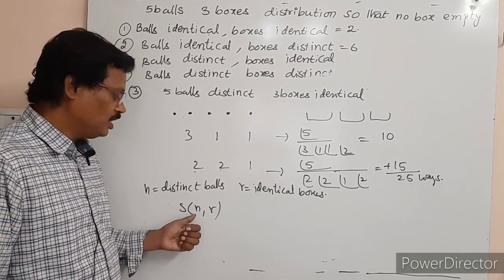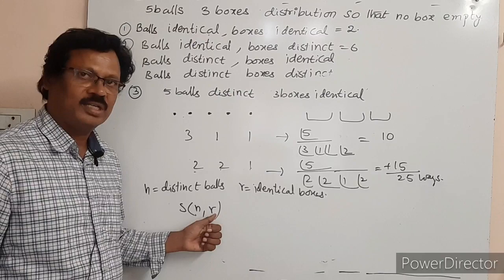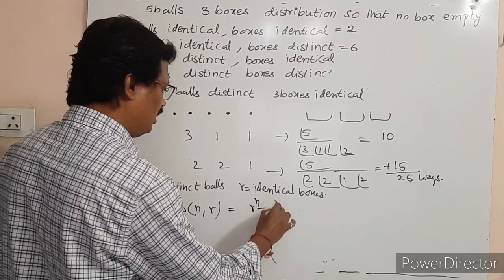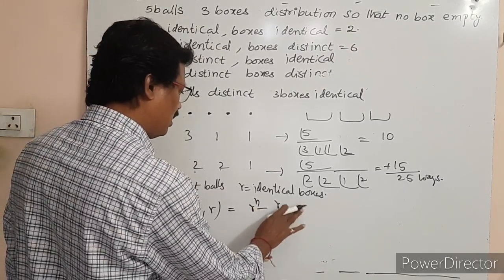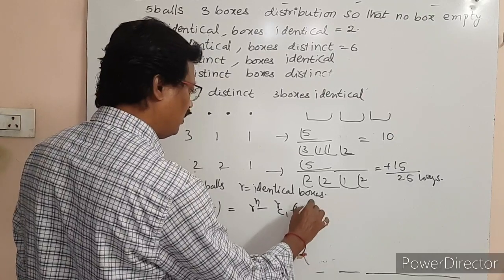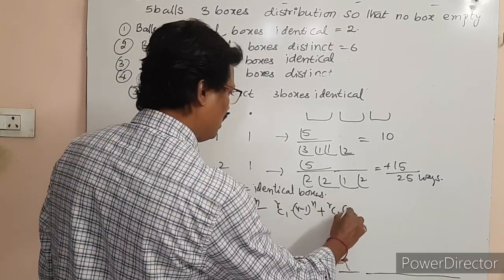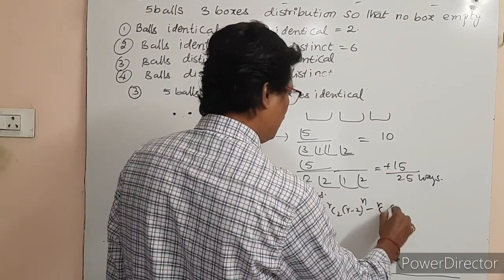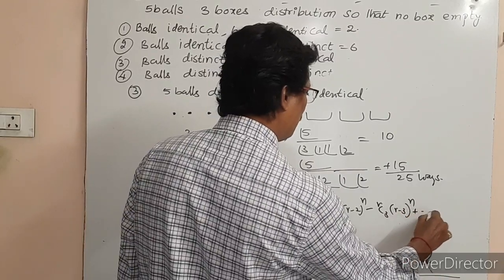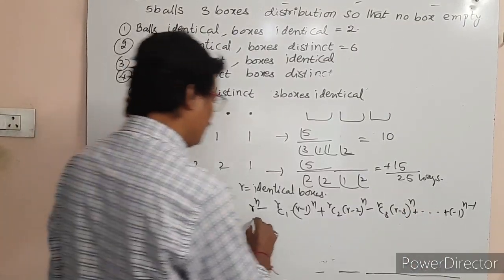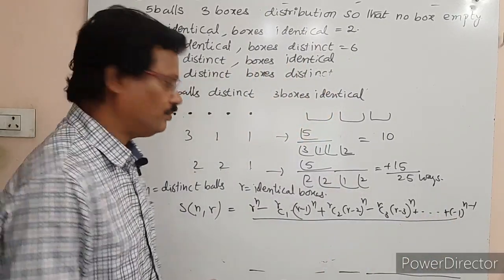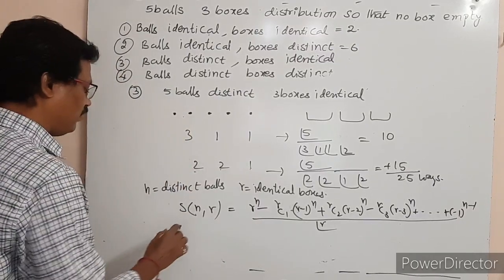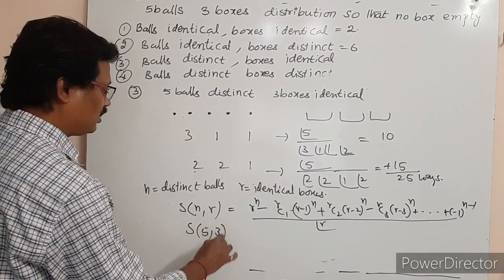N distinct balls distributed into R identical boxes so that no box is empty is given by R power n minus RC1 (R minus 1) whole to the power of n plus RC2 (R minus 2) whole to the power of n minus RC3 (R minus 3) whole to the power of n plus, go on like this, the last one, divided by R factorial. And n is equal to how many balls? 5 balls. R is 3 boxes.